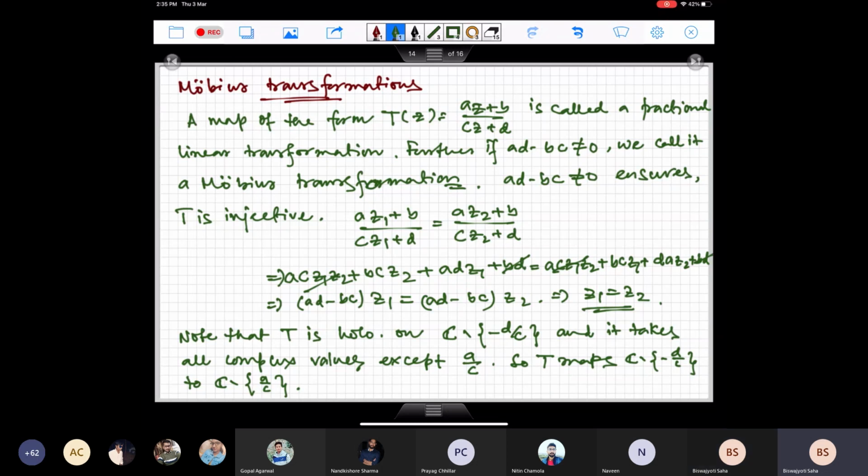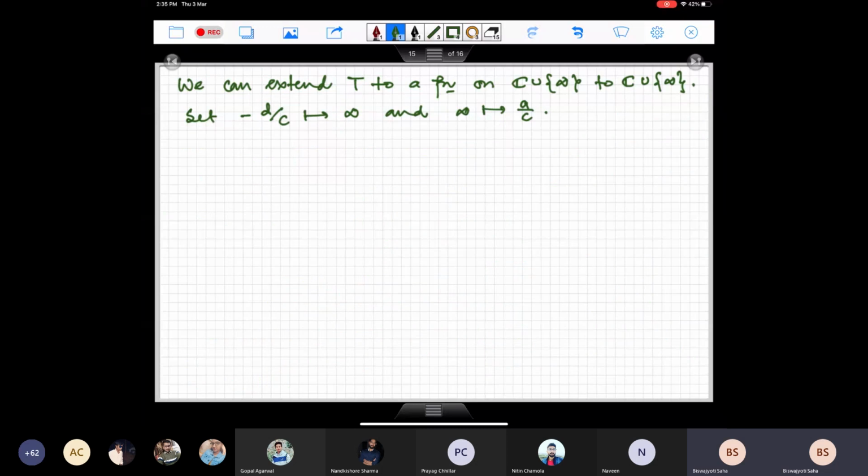Yes, sir. So therefore that's a very natural choice, that at infinity the value is taken to be A by C, and at minus d by c the value is taken to be infinity.